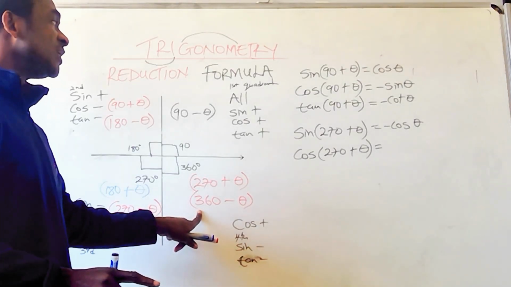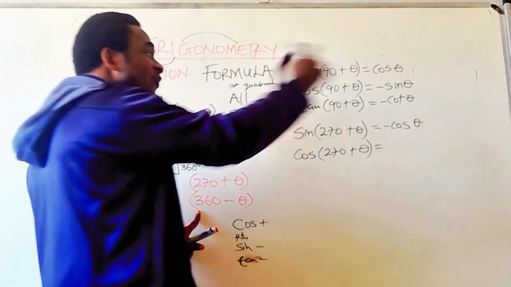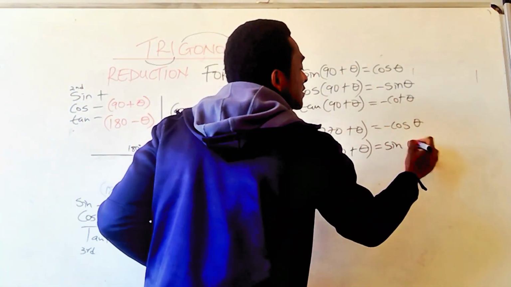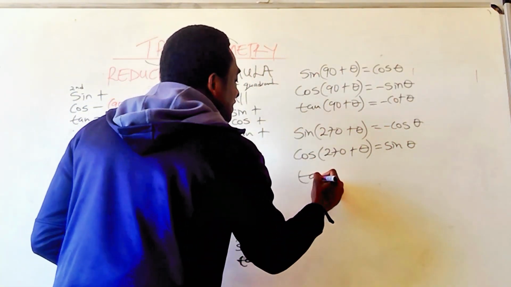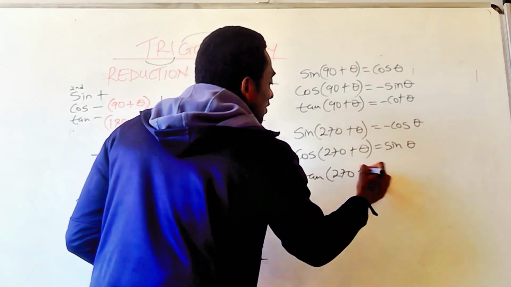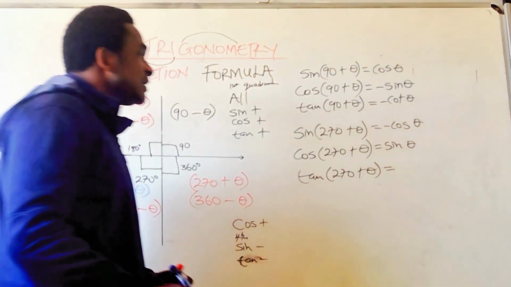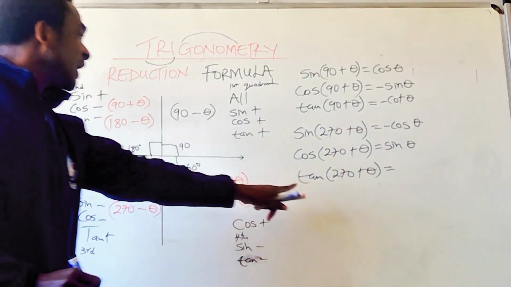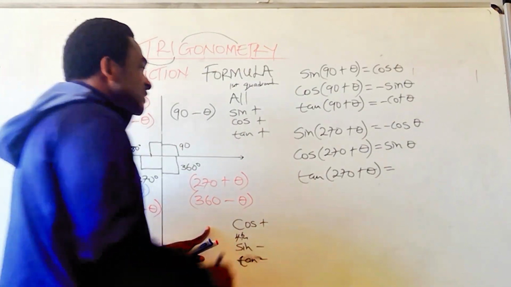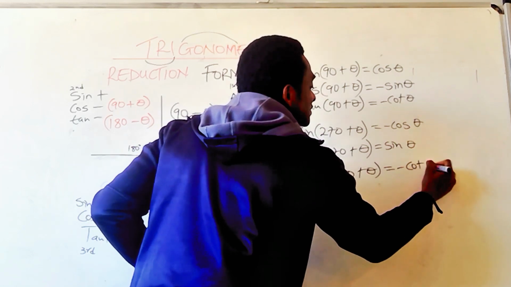Cos is positive here, so the cofunction will also be positive. If we are looking at tan of 270 plus theta, tan is negative here, so the cofunction will be negative, cot theta.